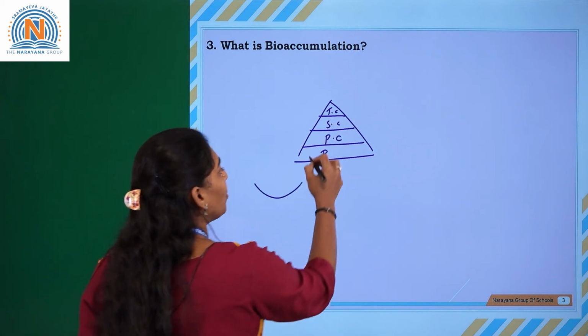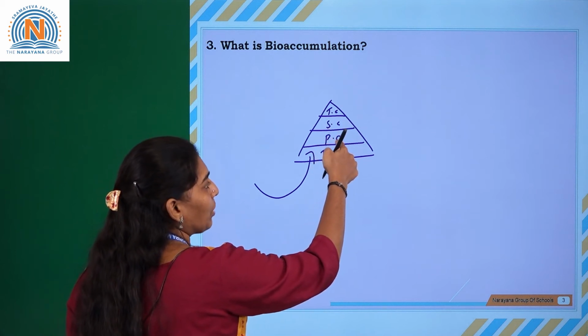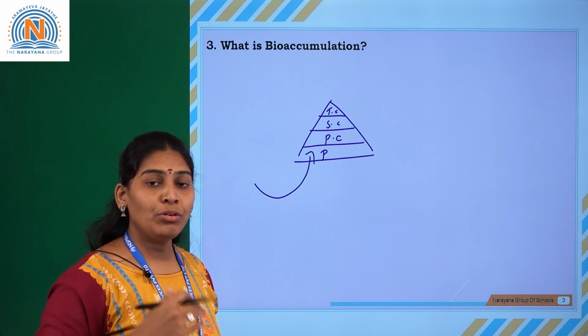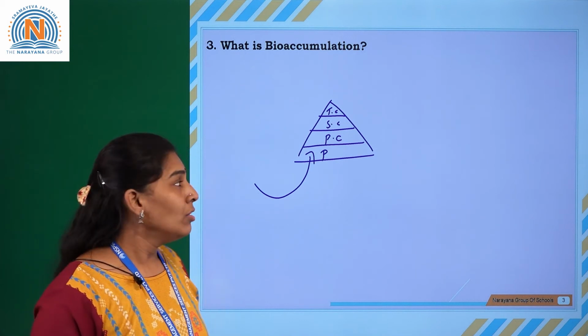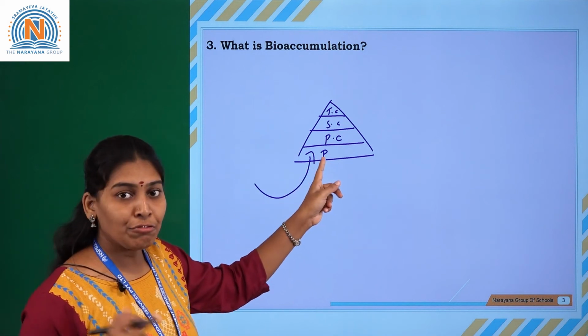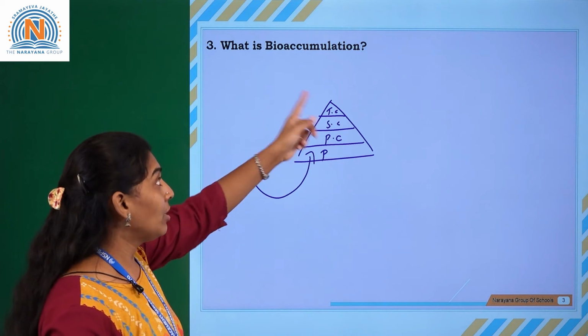Here I am representing the food chain as a pyramid. The entry of pollutants into the food chain or ecosystem is nothing but bioaccumulation.